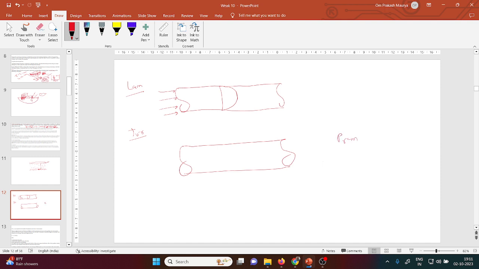There was the Prandtl concept for turbulent flow: the fluid particle moves from one layer to another layer over a length L. So this is the mixing concept. Prandtl gave the mixing concept of one layer to another layer. So this is the whole concept.